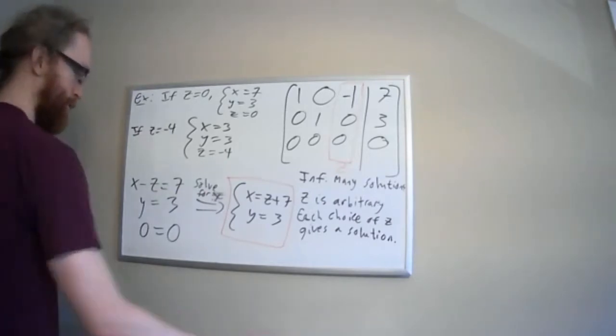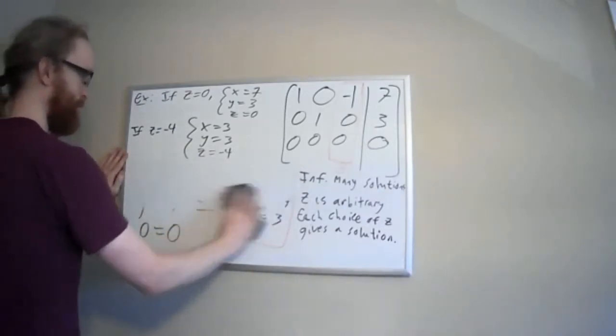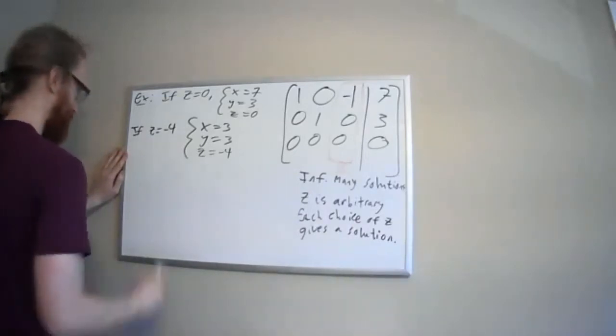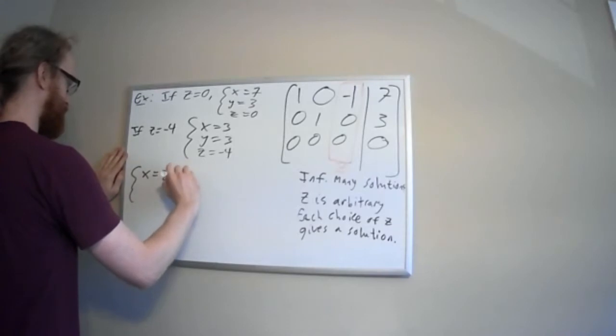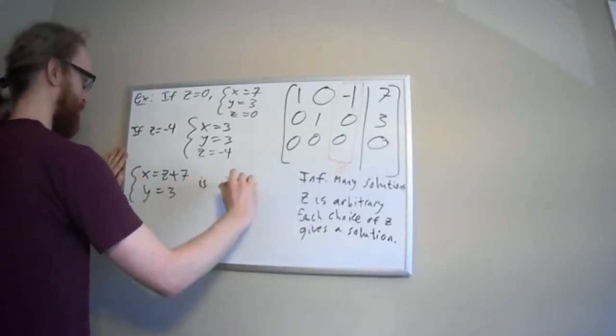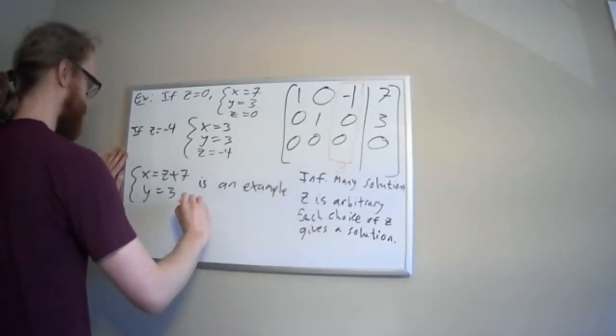And then the last thing I'll tell you is that this over here that I had, x equals z plus 7 and y equals 3, is an example of what in this class I will call a solution in general form.